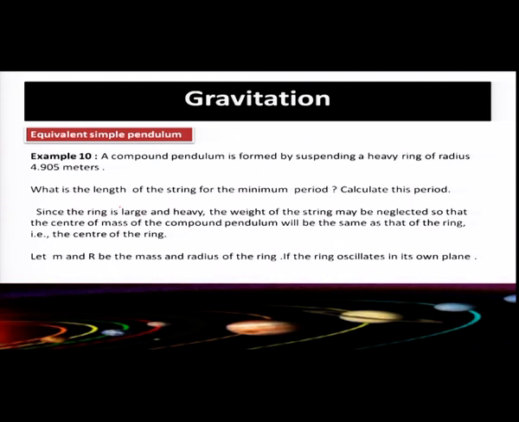Since the ring is large and heavy, the weight of the string may be neglected, so that the center of mass of the compound pendulum will be the same as that of the ring, that is the center of the ring. Let m and R be the mass and radius of the ring.